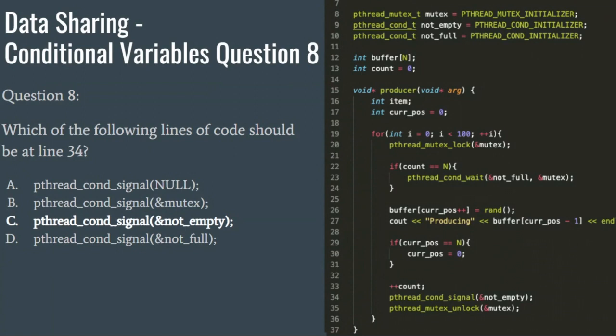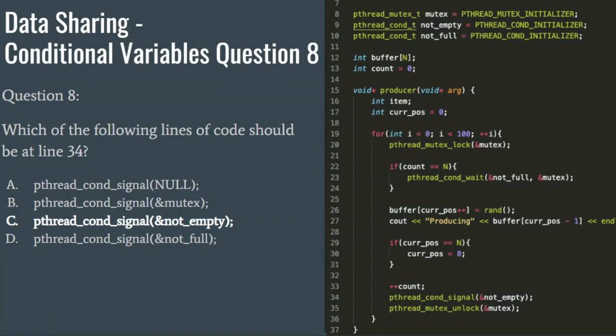Because your condition wait is going to have the signal, condition, sorry, that you want the function to wake up to. So in this case, producer, you want it to wake back up when there is space in the buffer, so you can add more stuff to it.